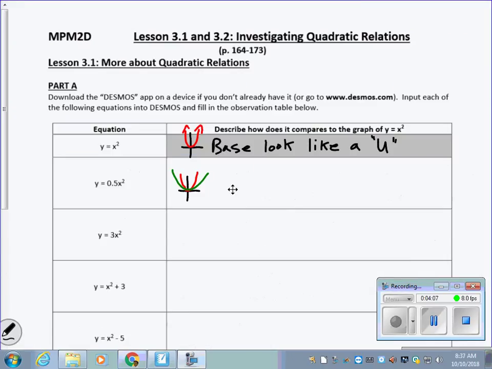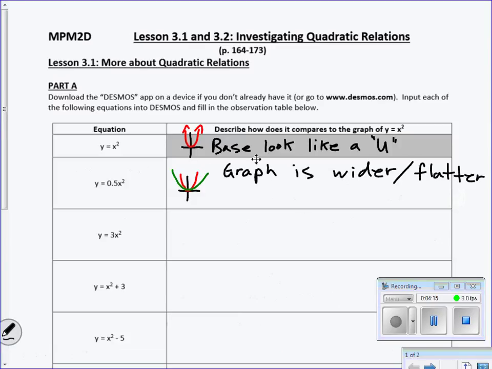Our original graph was the red one, and our new graph looks like this. We say that the graph is wider or fatter. Mathematically speaking, we say that the graph is compressed vertically.